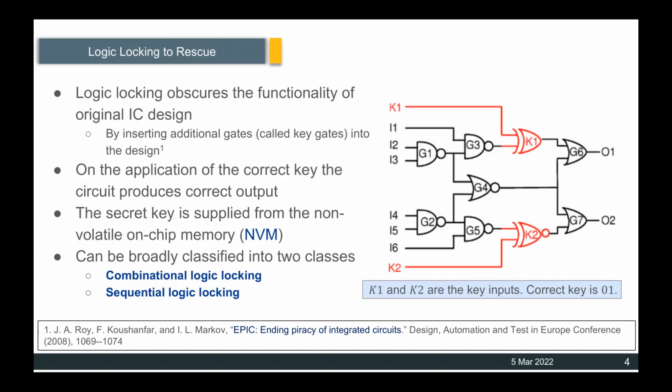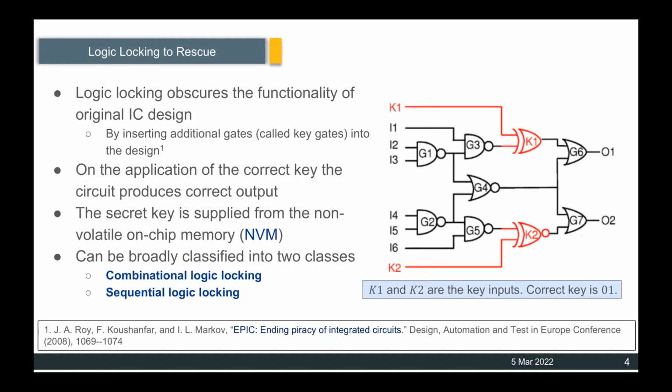So now, for example, in this circuit you can see that the correct key is 0 and 1. That means if you feed a value of 0 for K1, and a value of 1 for K2, then these two gates will become transparent, and therefore the circuit will work as per the original specifications.